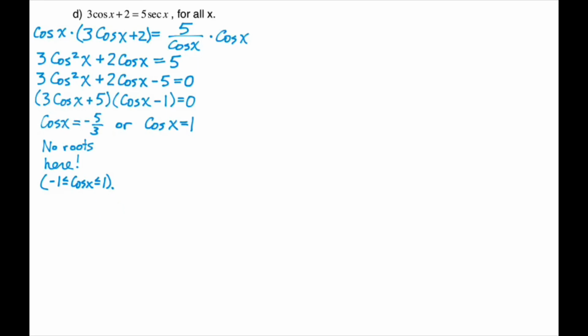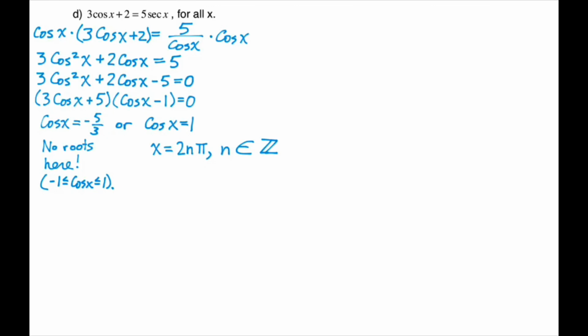On the other side, cosine x can be equal to 1, and that happens at 0, 2 pi, 4 pi, and so on. So multiples of 2 pi, where those n values are integers.